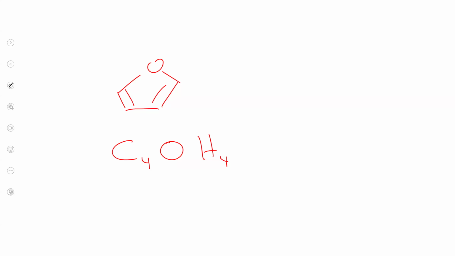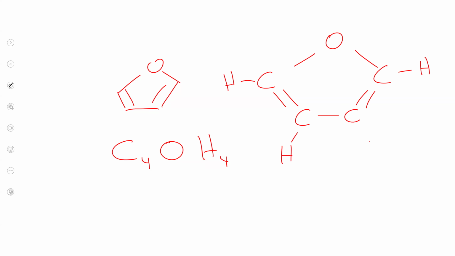The oxygen's part of the ring, but it's not a carbon. So 4 carbons, 1 oxygen. The oxygen already has 2 bonds, so it doesn't have any hydrogens attached to it. These 4 carbons all have 3 bonds, so they each need 1 more hydrogen. So basically, when you're going from skeletal structure to the complete structure or to the molecular formula, you add enough hydrogens to fill things out.